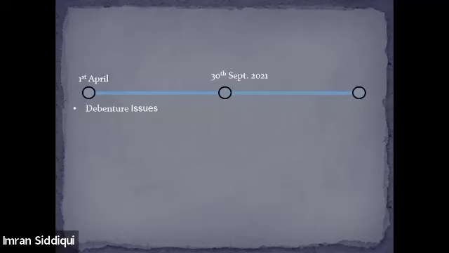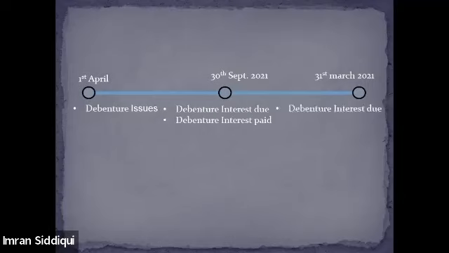And on 30th of September, we need to pass another entry, which is for making the debenture interest due. And the next entry will be done on the same day for paying the debenture interest. All right. And after the 30th September, the next entry for the interest will be done on the 31st of March.